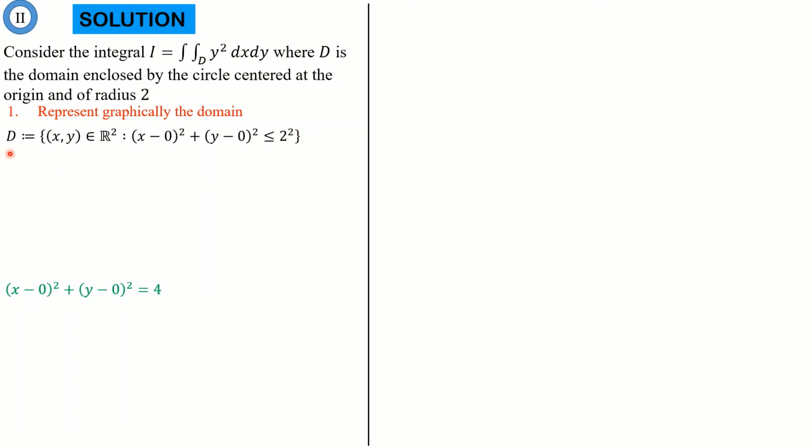The less than is for the enclosed, meaning that the set of points are inside the circle, and then the equal to means that they can also fall on the circle.